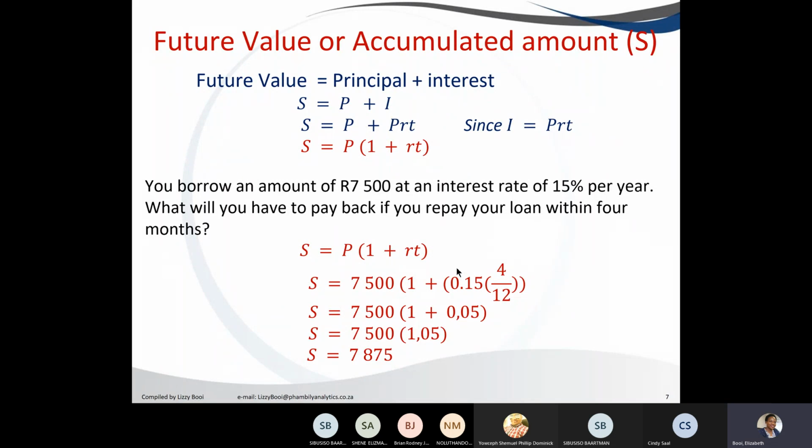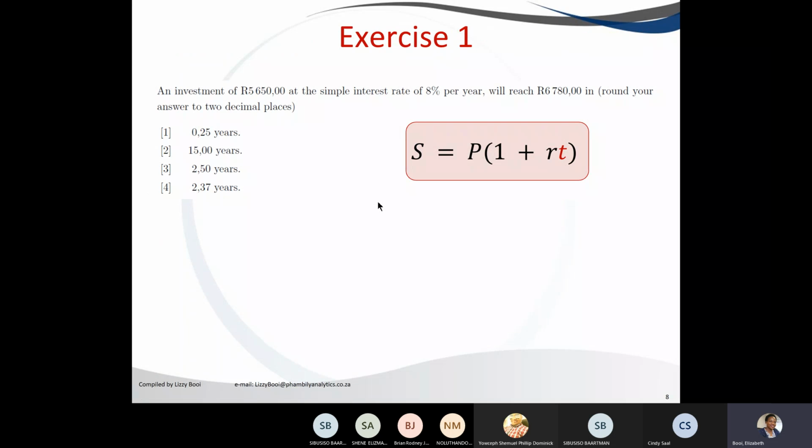And with that, we did an exercise, but just to refresh our mind and memory so that we don't forget, I also have another exercise that I want you to do. There is your exercise. An investment of 5,650 at a simple interest of 8% per annum will reach 6,780 in how many years?